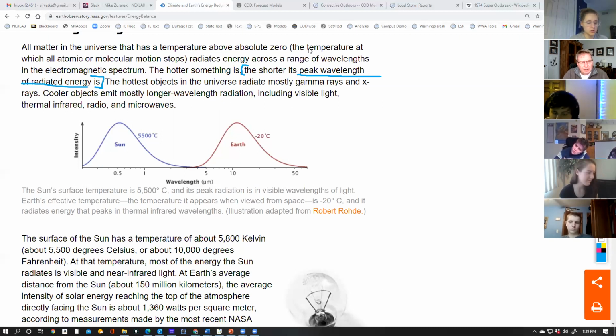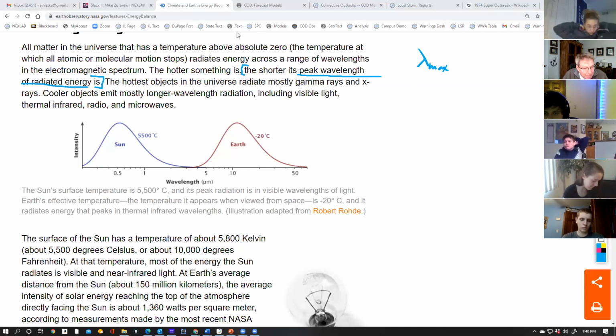Yeah, lambda max. Peak wavelength of radiated energy is what we call lambda max. So Ryan, if I said the hotter something is, the shorter its lambda max, does that make sense to you?